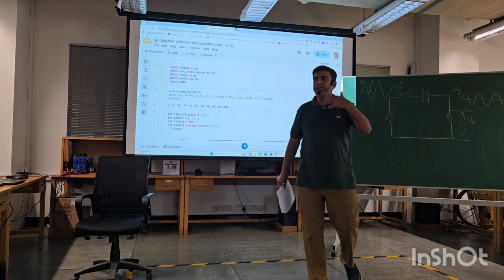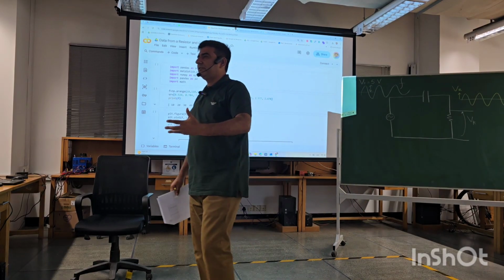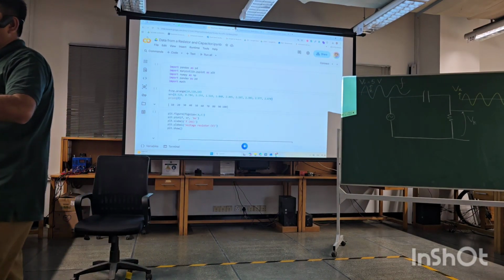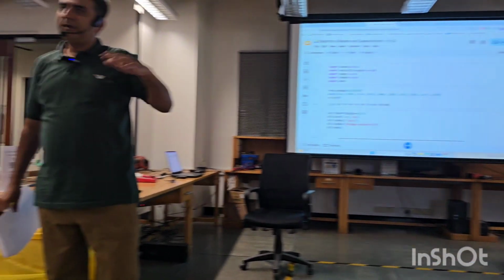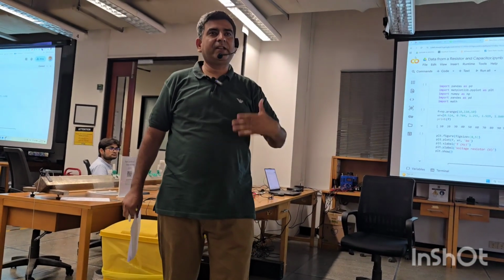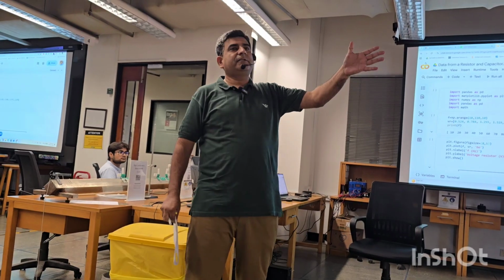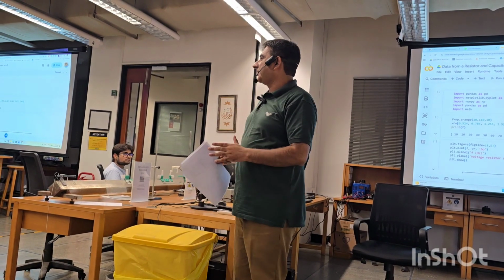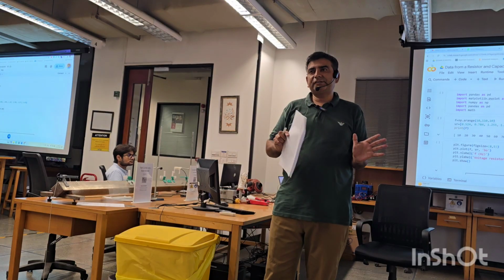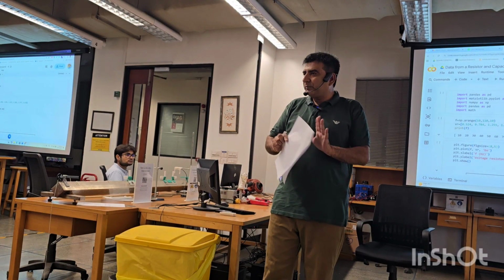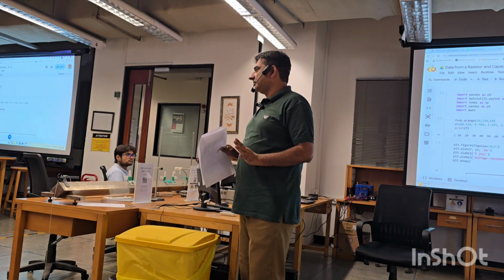So you can go into the physics of this, but that's not the point today. We can discuss offline what's happening here: how does the current flow through the capacitor even though there is air in between the plates of the capacitor, and so on. That's the physics of the problem, but we're not going to talk about the physics.